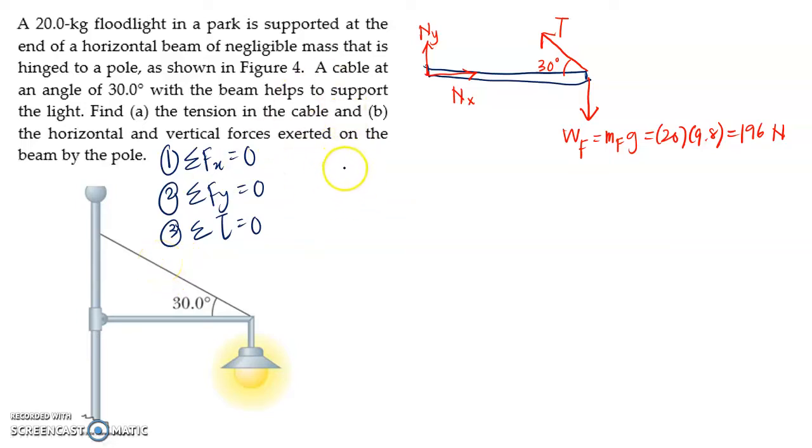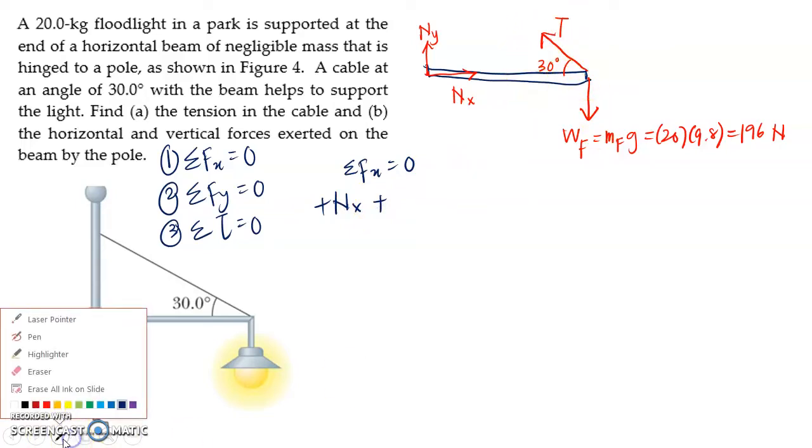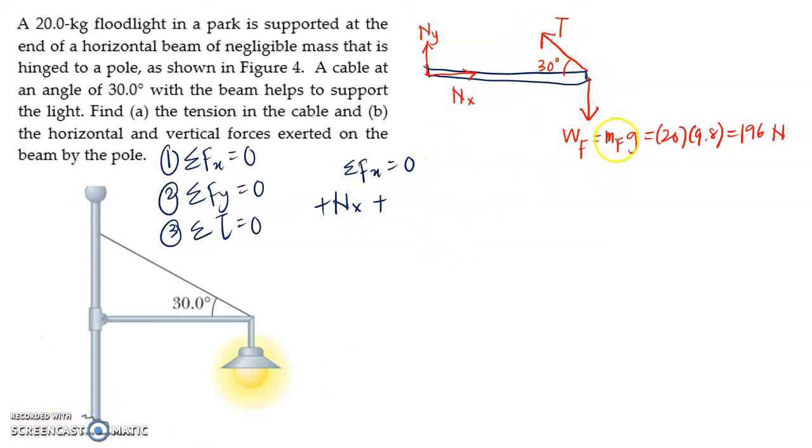So we will start with the first one, total force along the x component is equal to 0. If we inspect the diagram, we see that there will be two forces. Right away we can see Nx, and it is positive because it is to the right, plus the tension along the x component. If you cannot see why we have tension on the x component, we can resolve tension into two components, which is Tx as well as Ty.